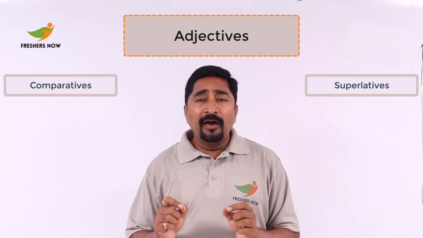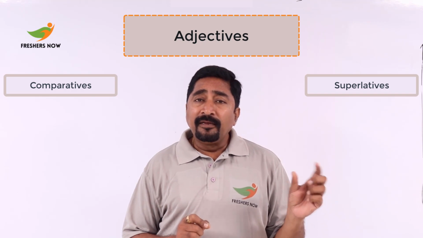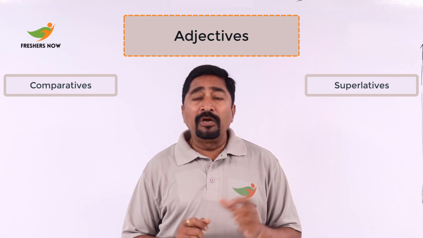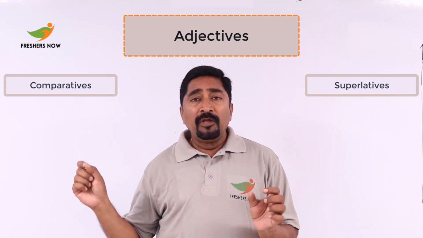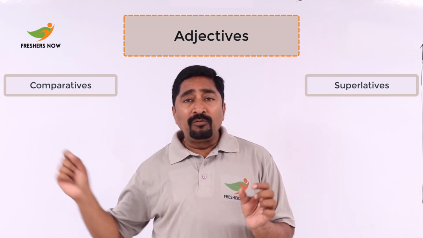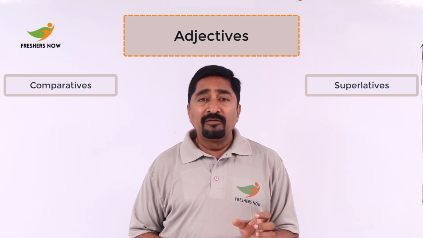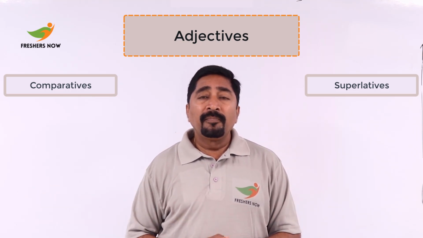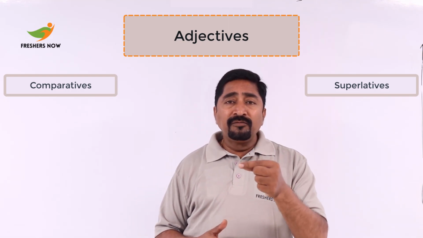When you add -er to an adjective, you should not use a double form by saying "more" again. Likewise, "the most biggest house" is wrong. This is the biggest of all. So this is how the comparatives are to be used.